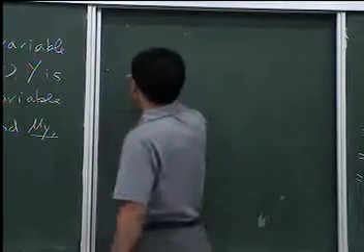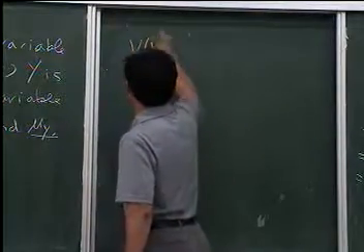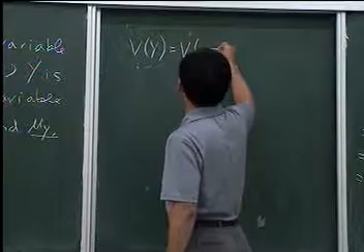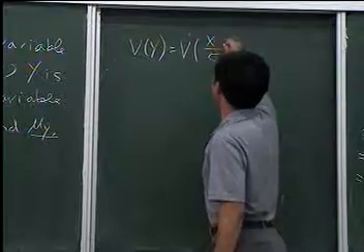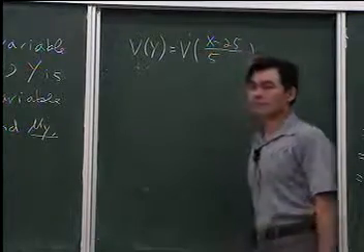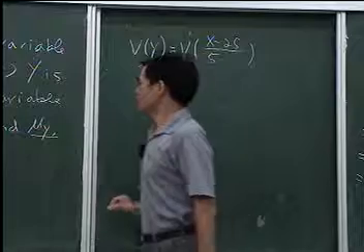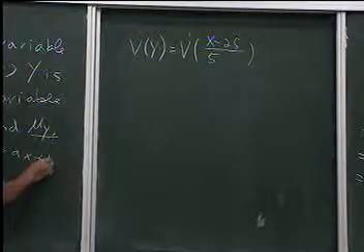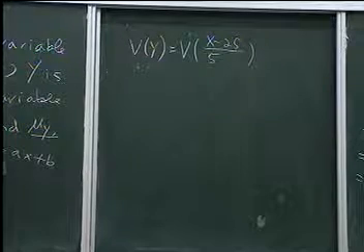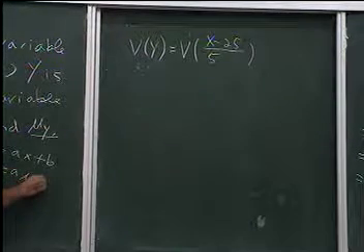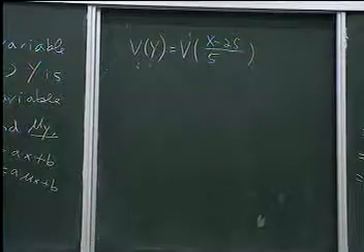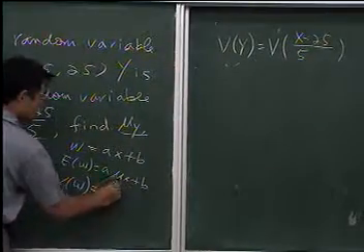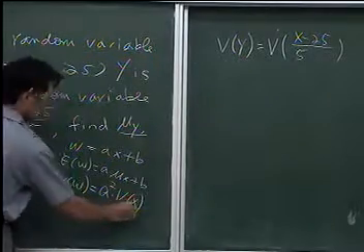Then about variance. Variance is a little bit more difficult. So variance of y, of course, is equal to variance of (x minus 25) over 5. Okay? But you need to know if w is equal to ax plus b, expectation of w is equal to a times mu x plus b, but variance of w will be equal to a squared times variance of x.